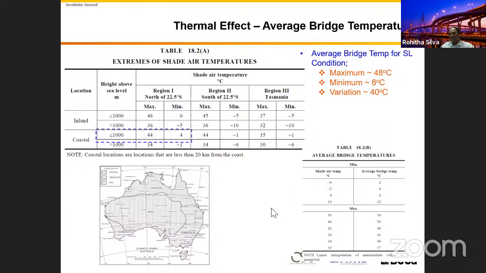So when we are designing the bridge, to calculate the thermal expansion and contraction, you should be able to decide what the bridge temperature is. Because when you build bridges in different locations, it's a very complex thing, similar to what we talked about with traffic. The different design codes have different approaches, but for this one you need to use the local annexes, the recommendations given to you.